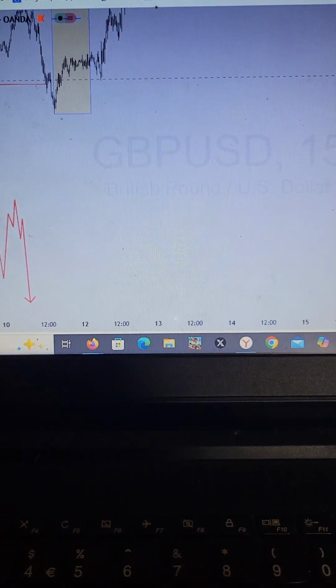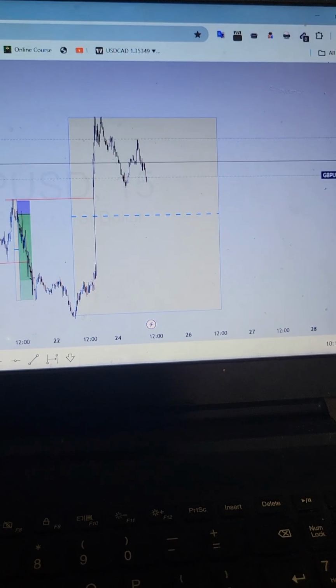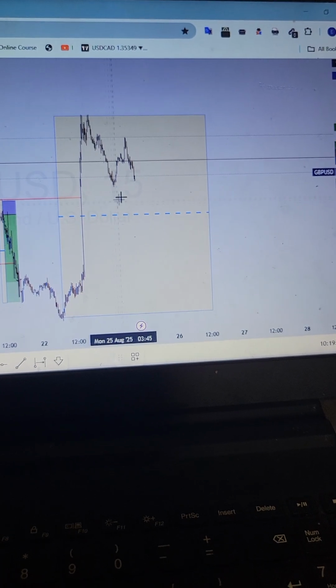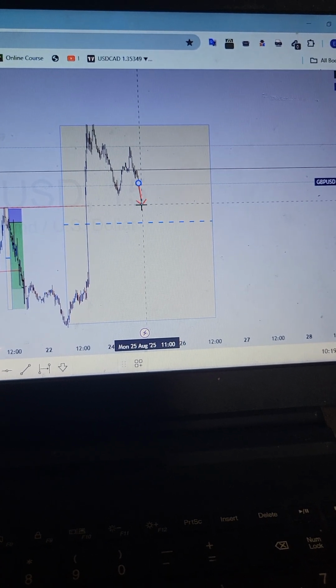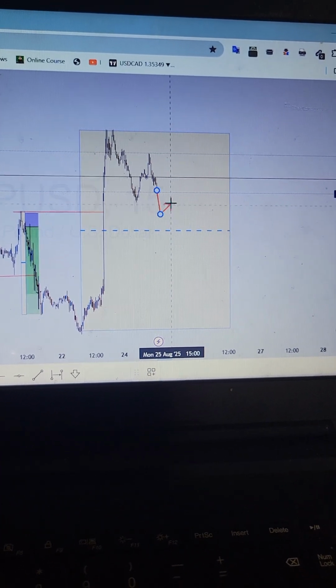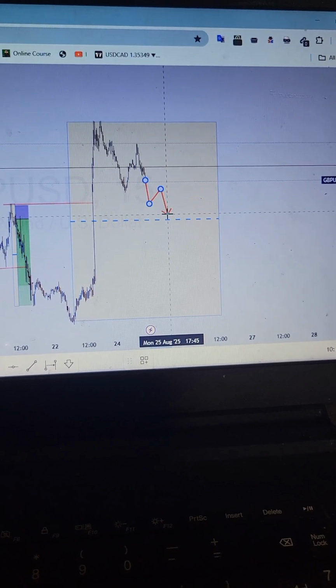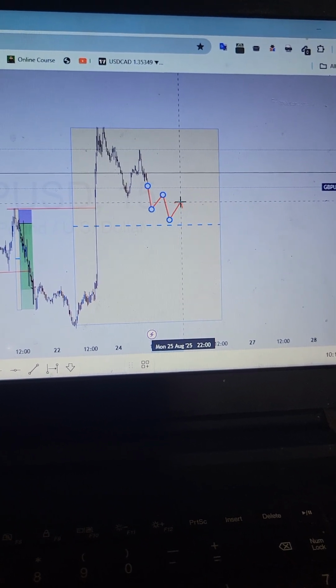So currently I am looking for a buy trade on GBPUSD, and I'm expecting GBPUSD to pull back. Let me draw it for you all. I'm expecting GBPUSD to pull back like this.